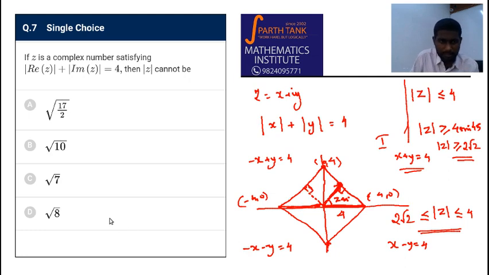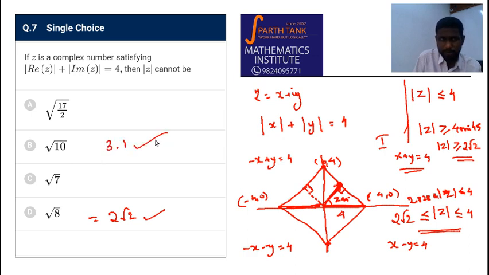So now you see this is 2 root 2 itself, so allowed. Roughly the values, see this is 2.828, right? So mod Z is between 2.828 and 4. Root 10 is 3 point something, 3.1, so it's allowed.